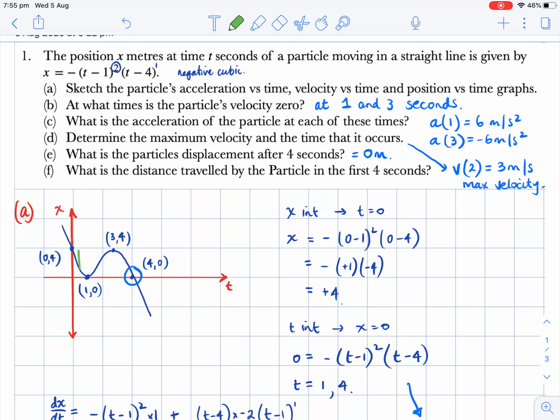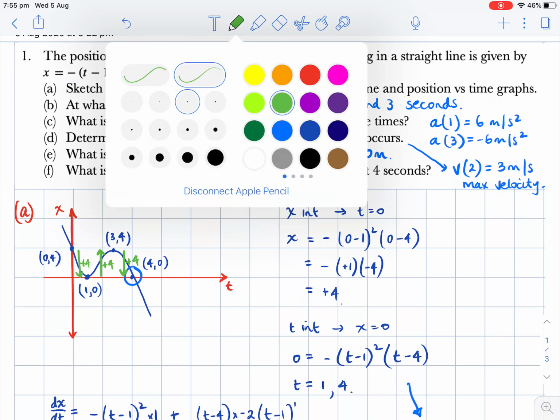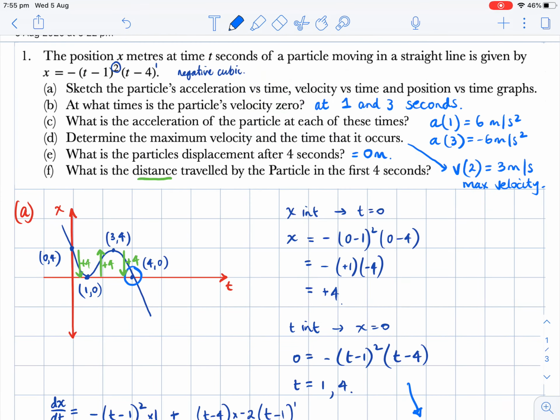So I travel down 4 meters, then I go up 4 meters, and then I go down 4 meters again in the first 4 seconds. So I need to have 4 plus 4 plus 4, because remember, distance, we don't care about what direction it is. So the final part here is 4 plus 4 plus 4, 12 meters in 4 seconds.